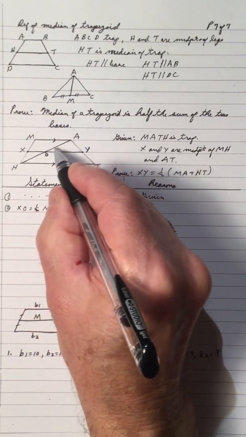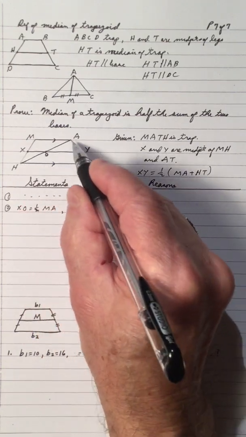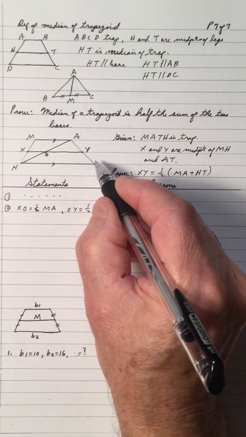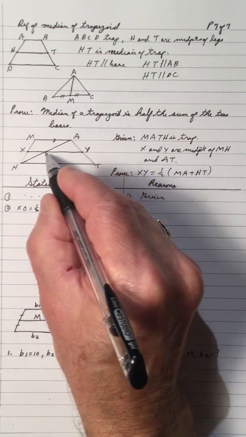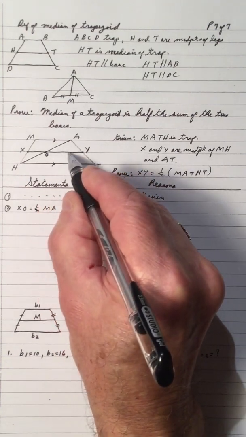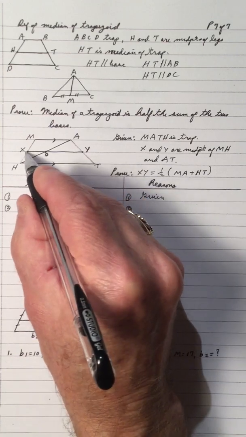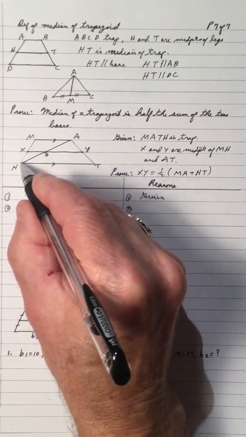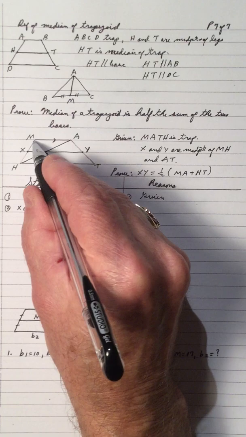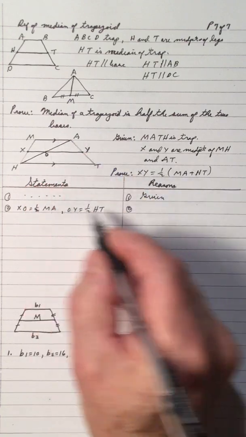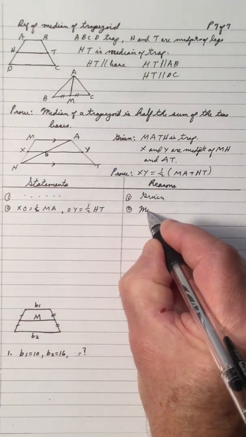So if you take this triangle right here, AHT, these are the two midpoints. So the segment joining the two midpoints is half this third side. These are the two midpoints in this triangle. So this segment is a half of this side here. So that's what we said. This is what we proved earlier on.